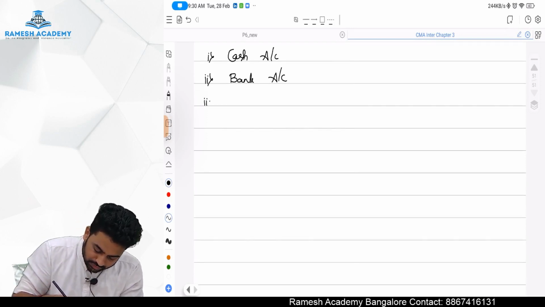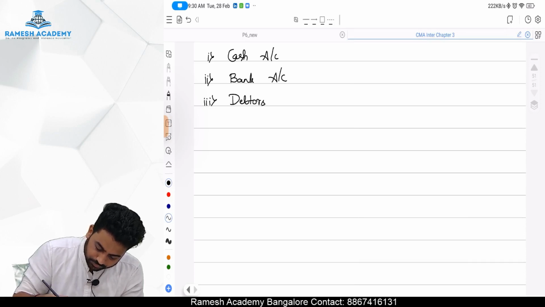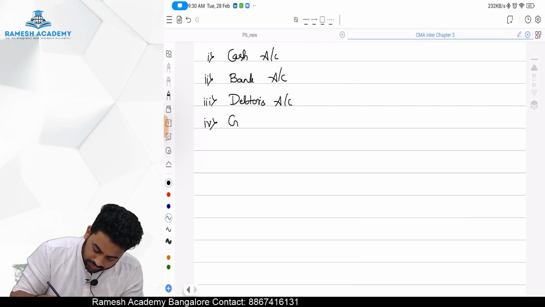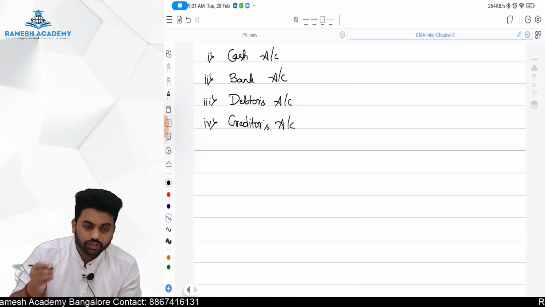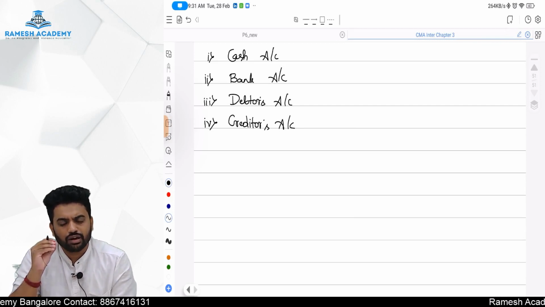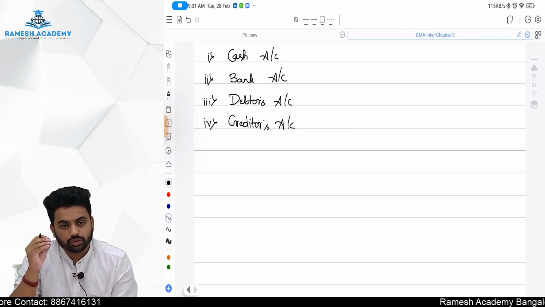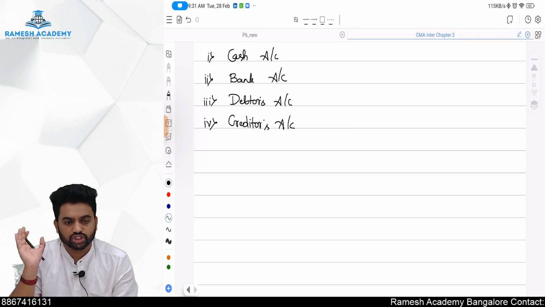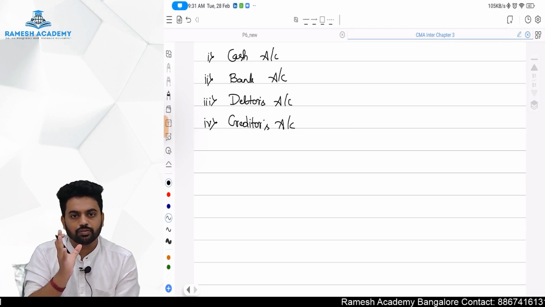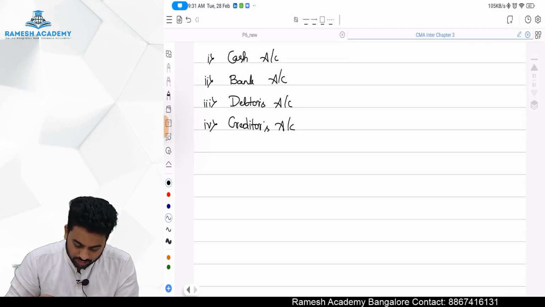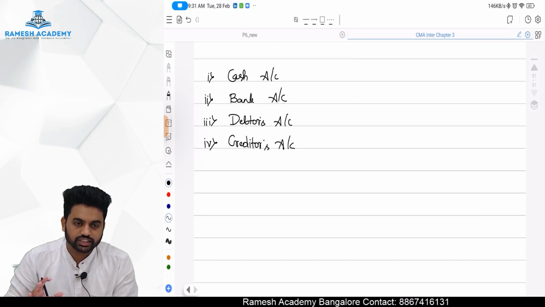Third one is your debtors account. Fourth one is your creditors account. These are the major accounts you have to prepare in any question, because your whole question will be depending upon these 4 ledgers.